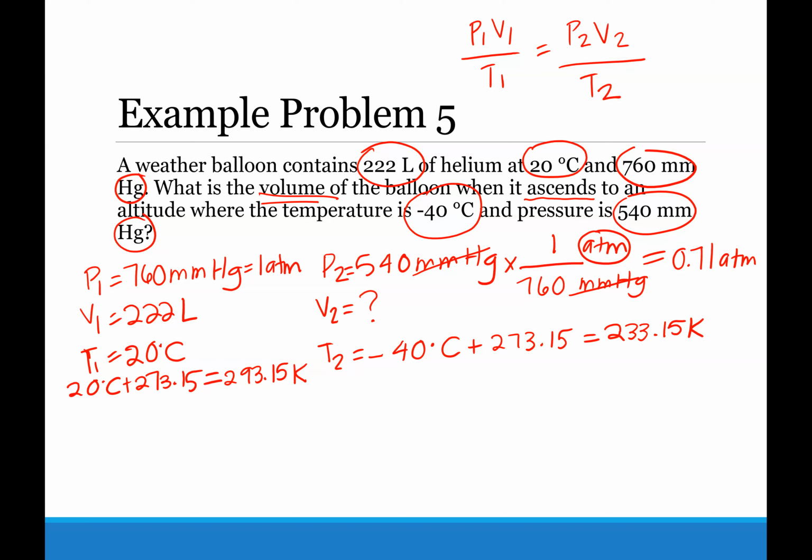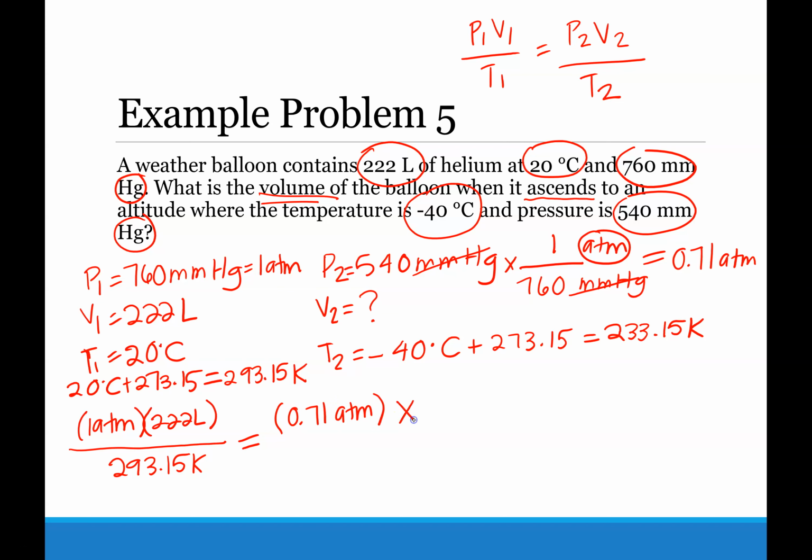So we can go ahead and start putting everything into the big P1 V1 T1 equals P2 V2 T2 equation. So our P1 is 1 ATM. V1 is 222 liters, and liters is okay. That's the correct unit for volume. Divided by T1, which the new T1 was 293.15 Kelvin, equals the new P2 was decided to be 0.71 ATM.